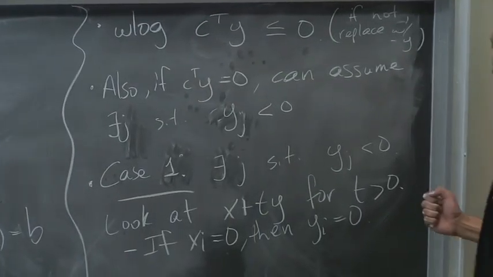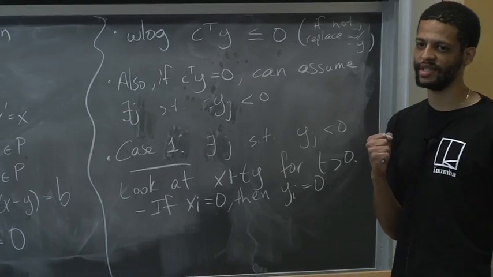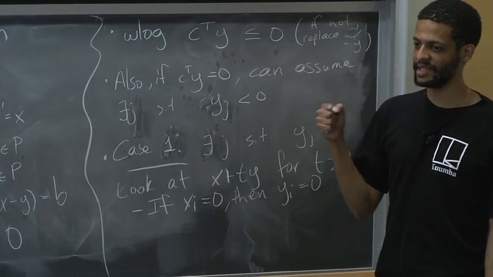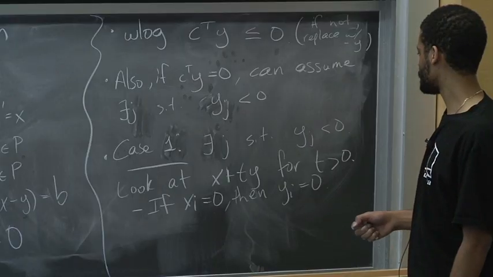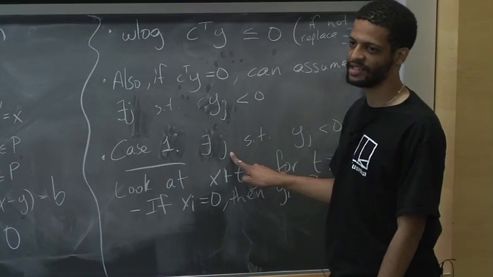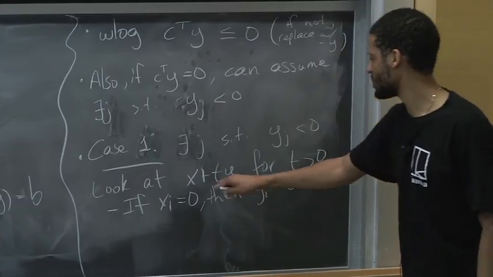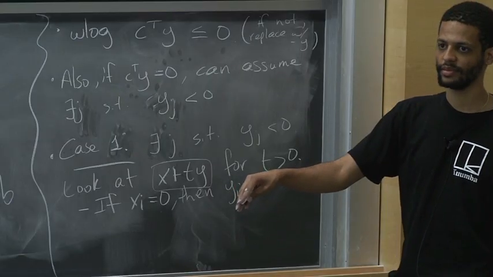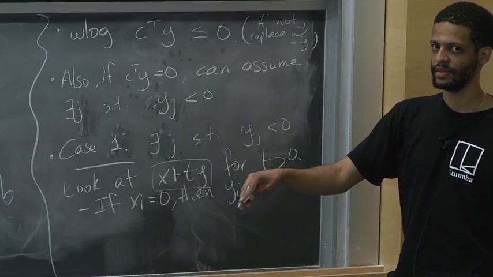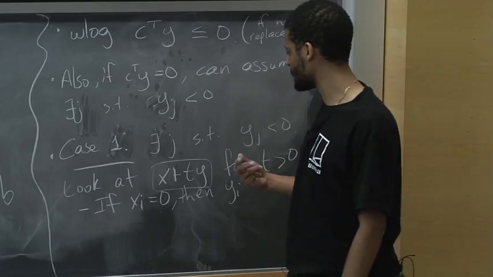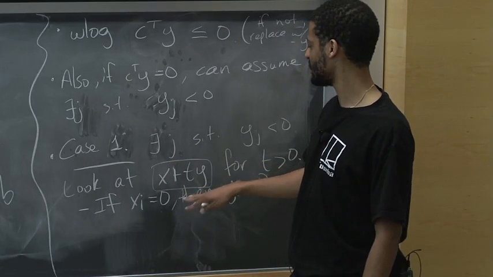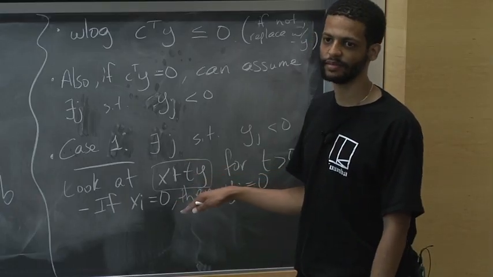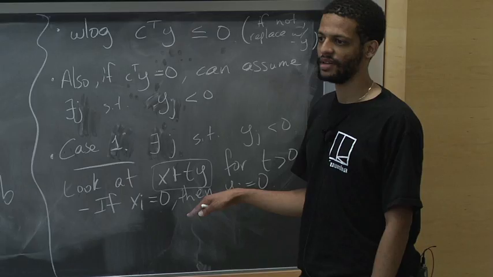So what's going on here? As I increment t, imagine t starts at 0, the jth coordinate of this vector is decreasing. As I make t bigger and bigger, eventually the jth coordinate of this vector will be 0.